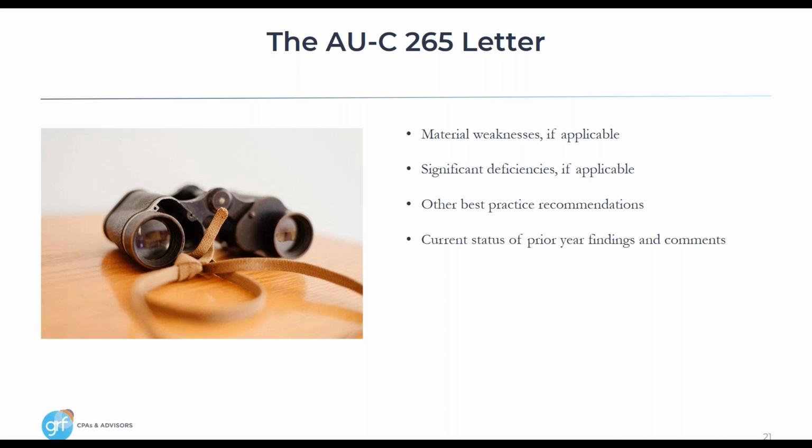This letter will disclose any internal control deficiencies encountered during the audit process, and the structure of the letter is separated between material weaknesses and significant deficiencies. And by definition, a material weakness is a deficiency or a combination of deficiencies in internal controls such that there is a reasonable possibility that a material misstatement of the financial statements will not be prevented or detected and corrected on a timely basis.